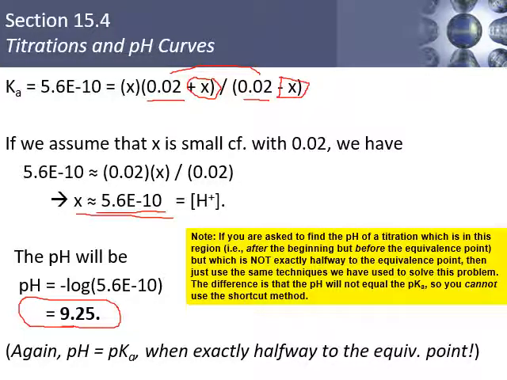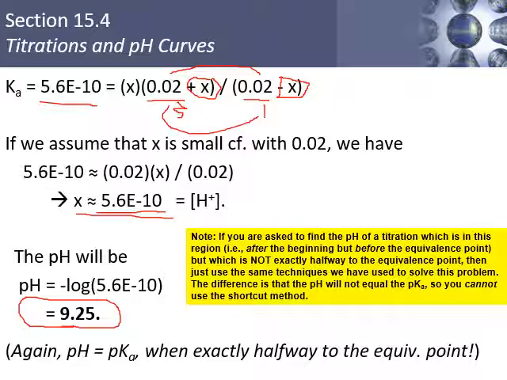For example, if this were 0.03 instead of 0.02, and this one were 0.01 instead of 0.02, then you would have 3 divided by 1 here, which would be 3x equals 5.6 times 10 to the minus 10. Or you can also use the HH equation, but to do that, you'll just have to figure out the concentration of your weak acid conjugate and your weak base, and then divide the concentration of the base by the acid's concentration.